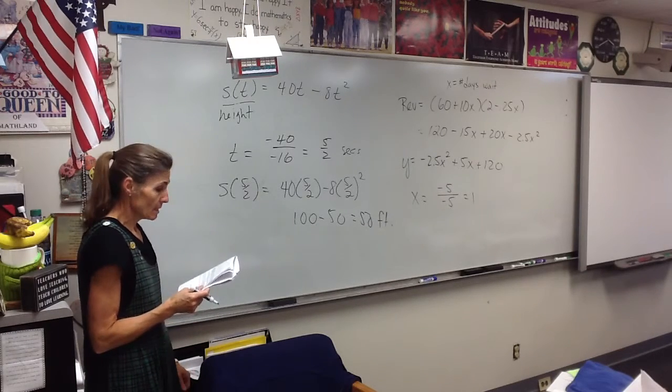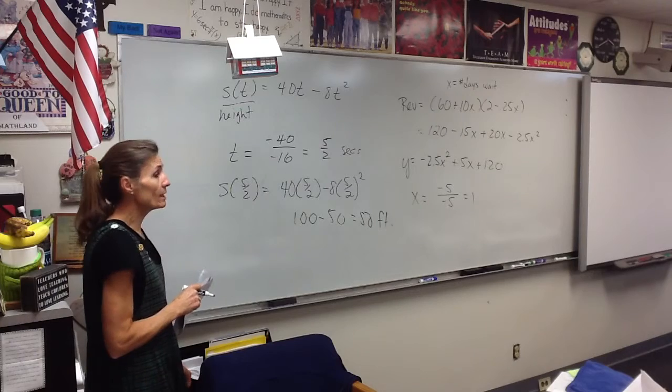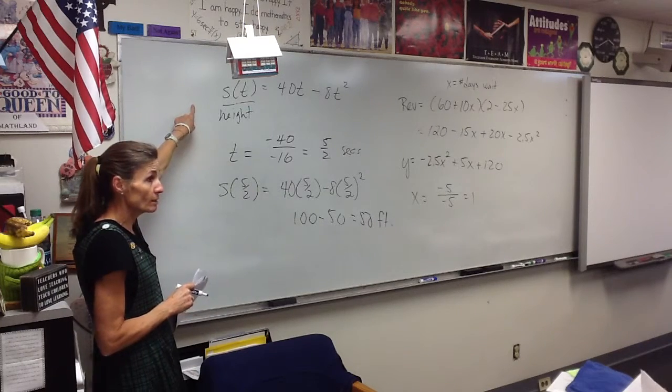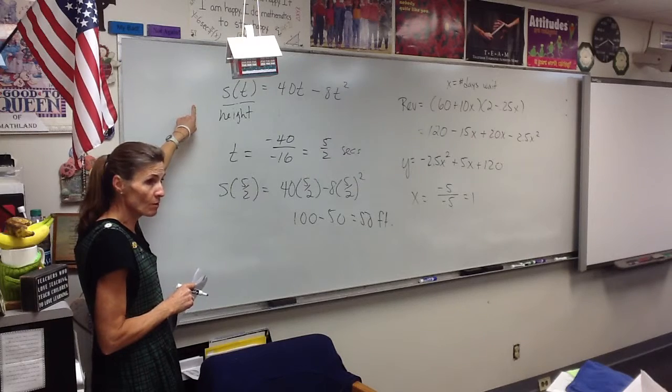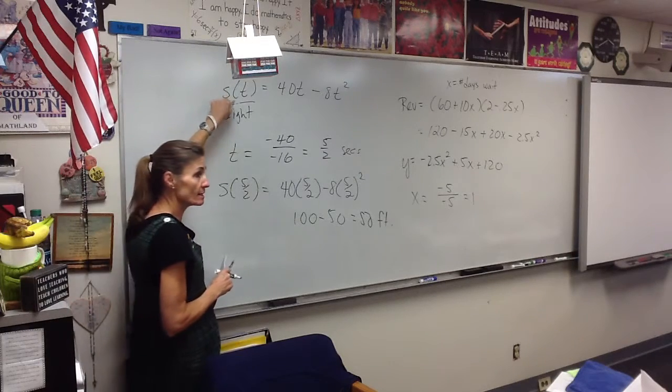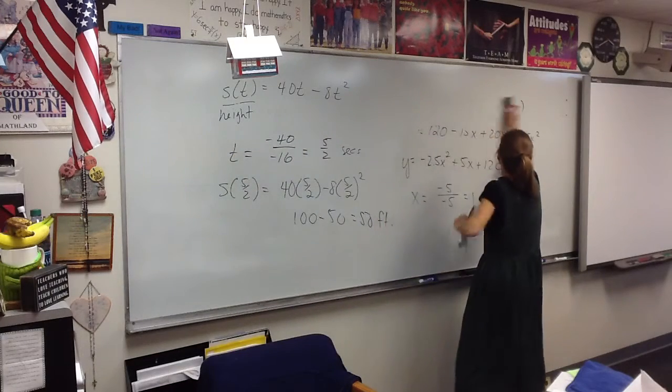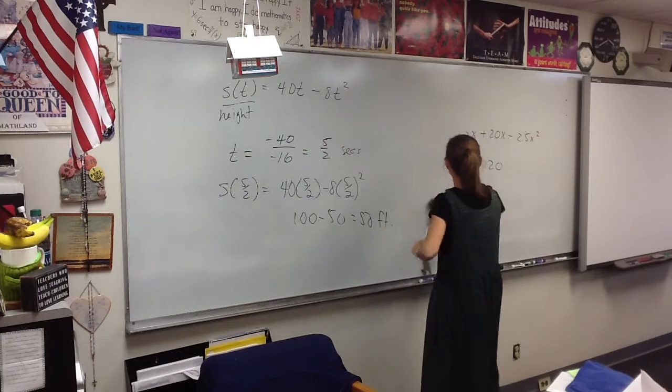Okay? When does the ball hit the ground? Go back to your original equation. What do you know if the ball's on the ground? Its height is 0. So we'll solve the equation.